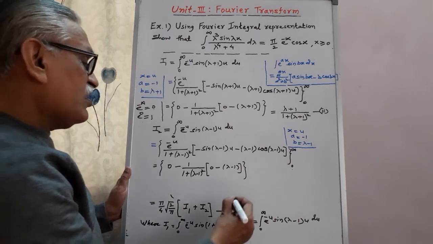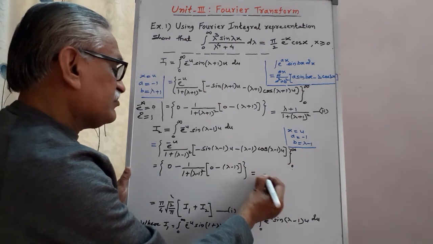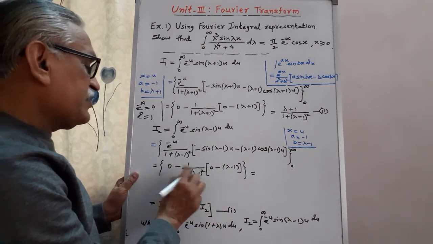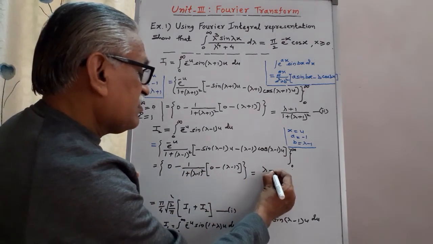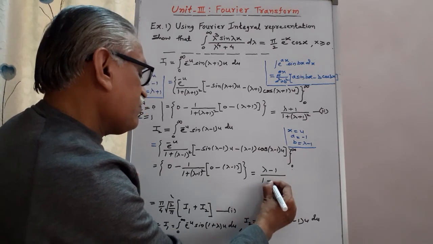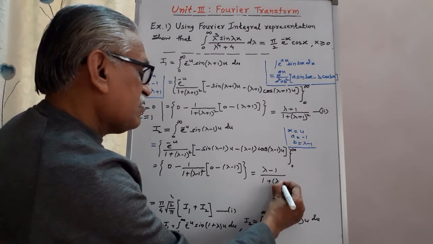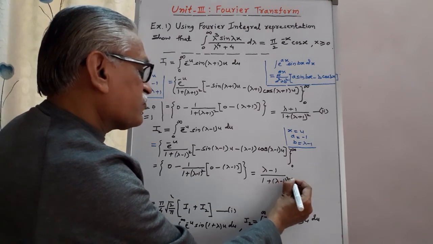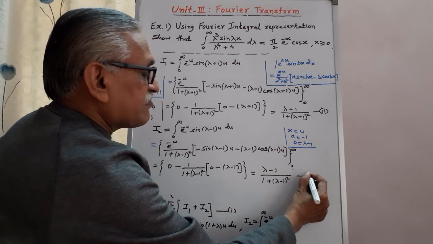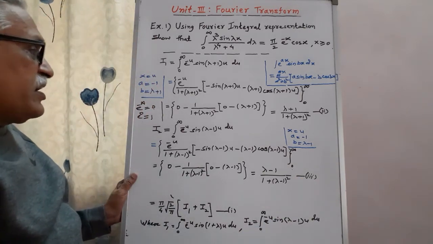And therefore we get the value of I2 as minus minus, it will become plus lambda minus 1 divided by 1 plus lambda minus 1 bracket square, equation number 3.